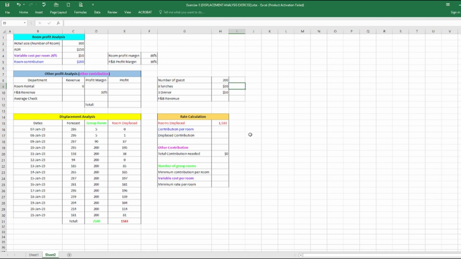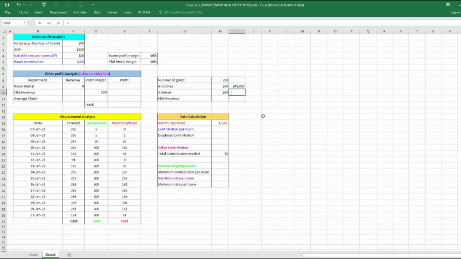So let's calculate the F&B revenue. Lunch, we take $30 per person, multiplied by 8 lunches, and then multiplied by 200 guests. So the revenue for F&B lunch is 48,000.